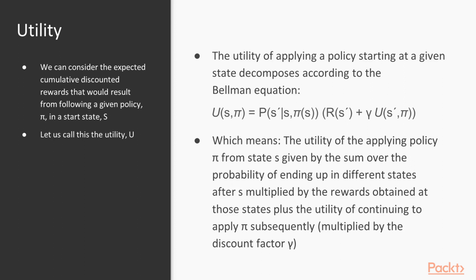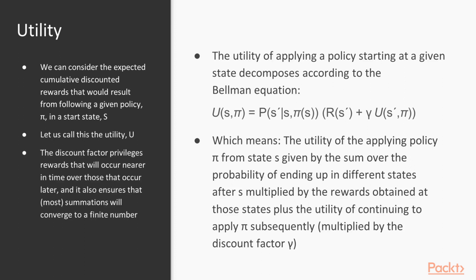But we're going to also introduce a discount factor, which is going to privilege short-term rewards over long-term rewards. So the rewards that we expect to occur immediately or near immediately in the short term will be privileged over rewards we expect to occur in the long term by following a particular policy.